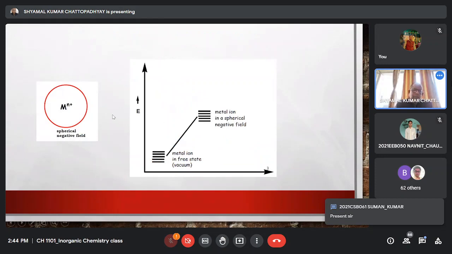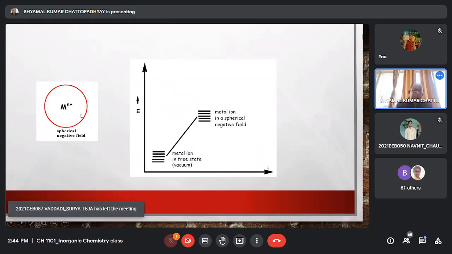Now, consider a metal ion which is situated at the center of a sphere, and suppose the sphere contains 6 negative charges. According to your physics knowledge, you know these 6 negative charges in normal circumstances, if it is a metallic or conducting sphere, will be uniformly distributed on the surface of the sphere.